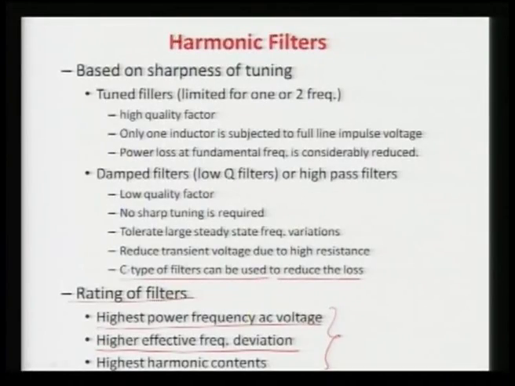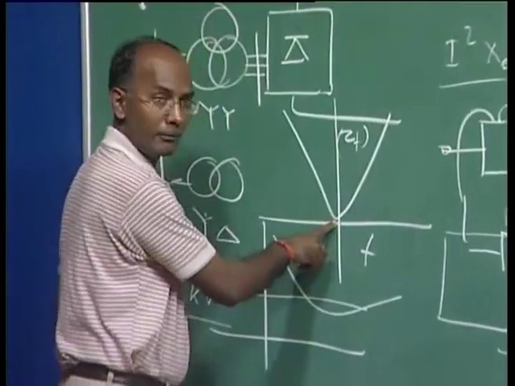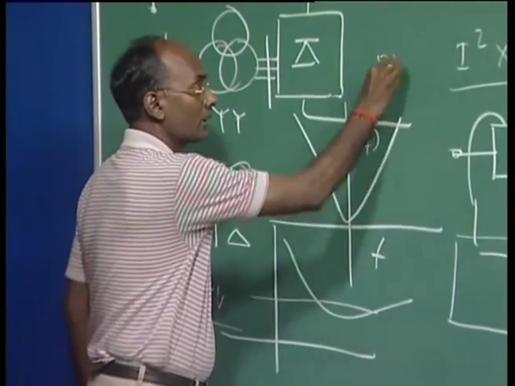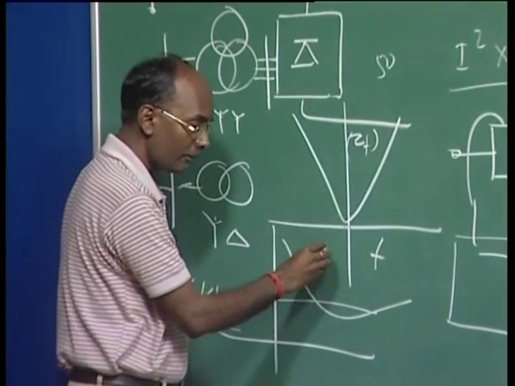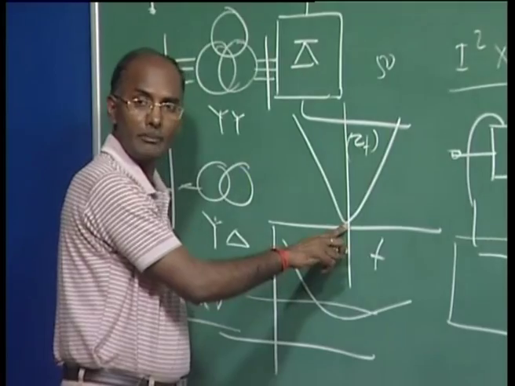Then another is the highest effective frequency deviation. If the frequency is varying, and we talk about a particular frequency, say 50 hertz, and you design this filter for the fifth harmonic, then it will be 250 hertz, where it has the minimum impedance.